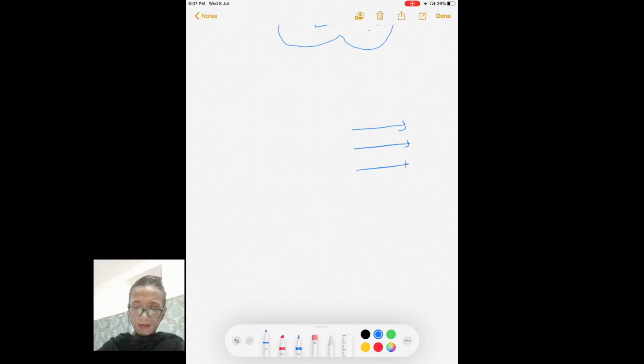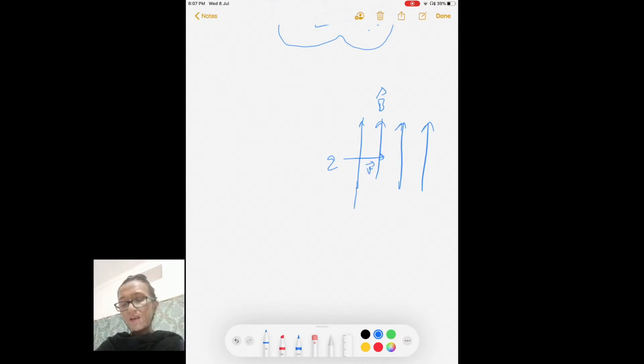Suppose here you have a magnetic field. Okay, let me change the direction of magnetic field. Here you have magnetic field in this direction, and a charge Q is moving. B is along this direction. Q is moving with velocity V in this direction. Then the charge will experience some force and it will make a circular path.